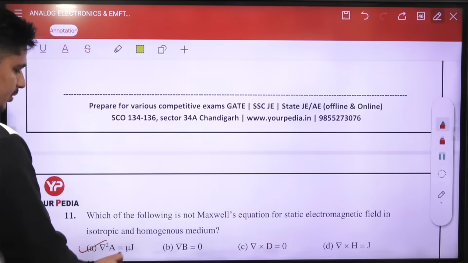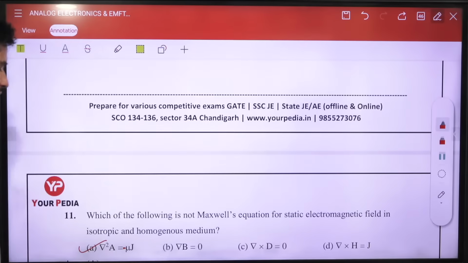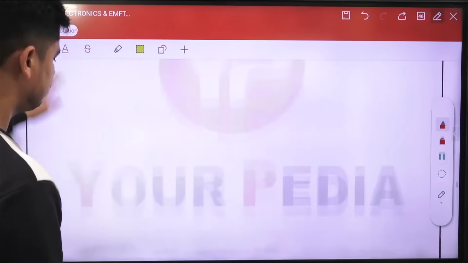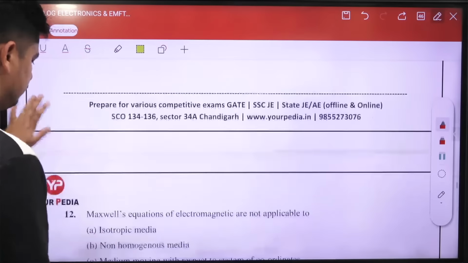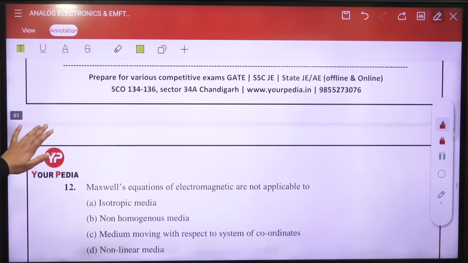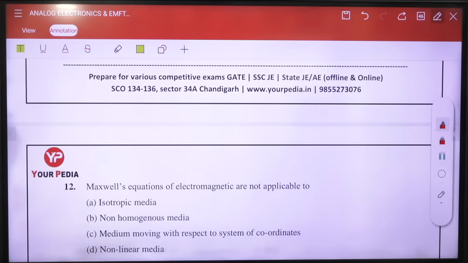This is incorrect because there should be a minus sign here: del square A is equal to minus mu into J. Maxwell equations for electromagnetic fields are not applicable in some cases. Maxwell equations are applicable for isotropic medium, non-homogeneous medium, non-linear medium.